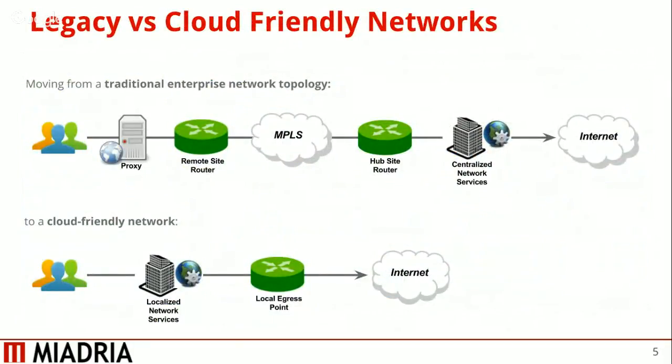Traditionally, enterprise network topologies were using circuits and proxy servers, so all traffic was shuffled towards a centralized headquarter, and only in the headquarter were there connections to the internet.